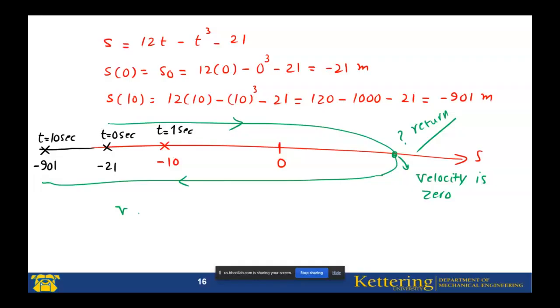We have the velocity 12 minus 3 times t squared. Velocity 0 means that 0 equals 12 minus 3 times t squared. From this, we can find t is 2 seconds. At t equal to 2, the velocity is 0.